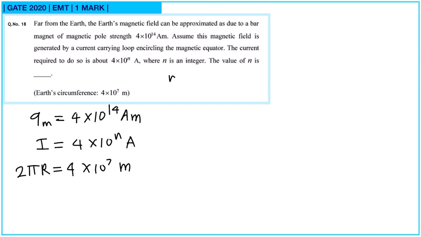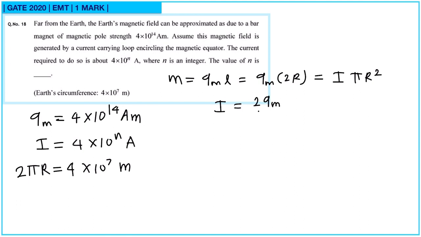Now pole strength is given, from here magnetic moment will be Qm into L. So length will be the diameter only, so this will be Qm into 2r. But magnetic moment is also equal to current into area, and area will be pi r square. So from here I is equal to, r and r will cancel, 2 into Qm upon pi into r.